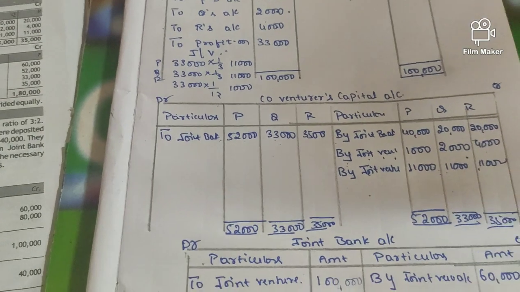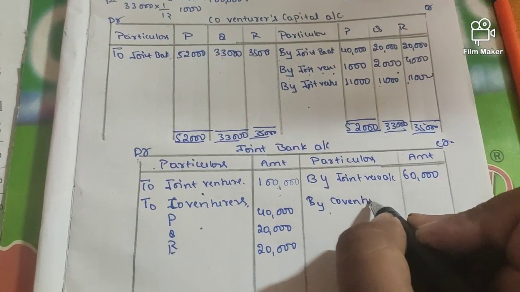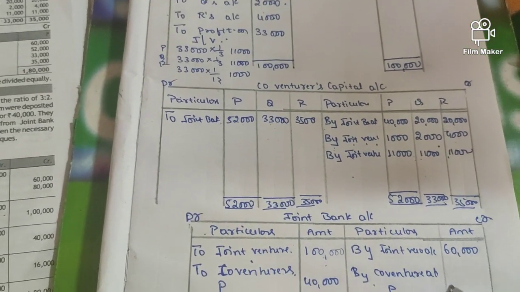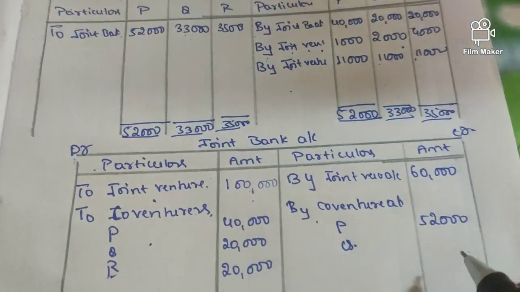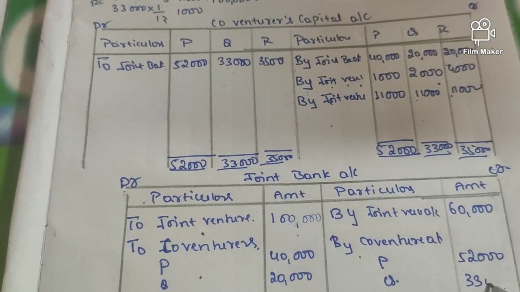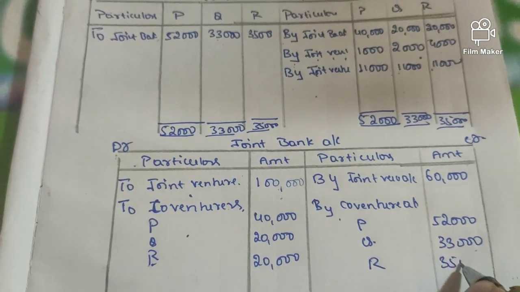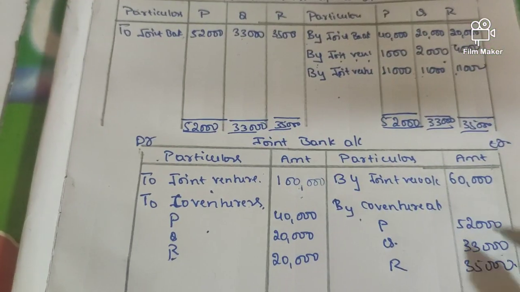So by co-venturers account, what are the amounts? P how much? 52,000, and Q how much? Q is 33,000 and R how much? R is 35,000. So got it? So these are the different entries.